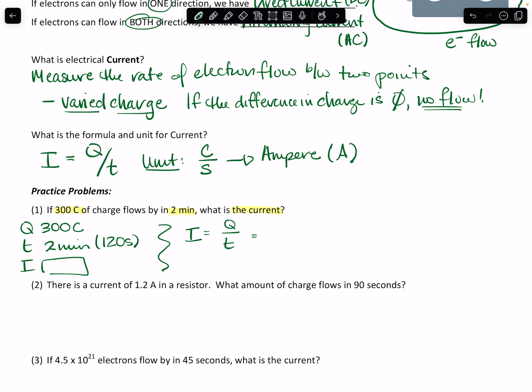So 300 coulombs moving in 120 seconds gives me a current of 2.5 amps. That means 2.5 coulombs move past the point every second. That's what the rate of flow is.